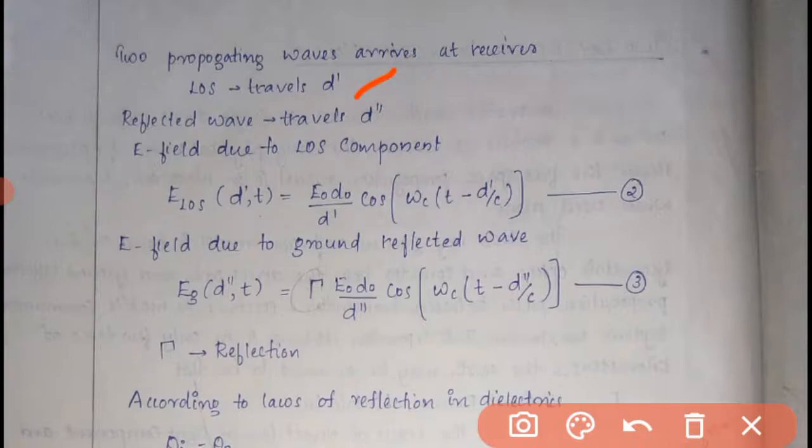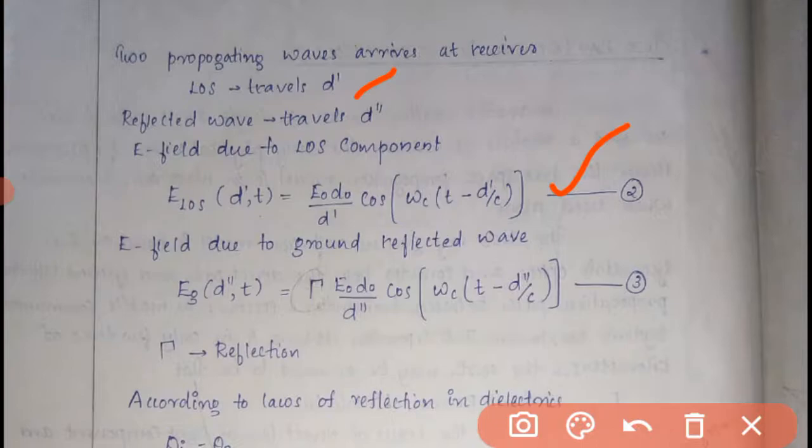So in the last equation we have to put D dash, the distance of the line of sight path, in place of D. We get this expression: E line of sight of D dash comma T is equal to E naught D naught by D dash cos omega C into T minus D dash by C.